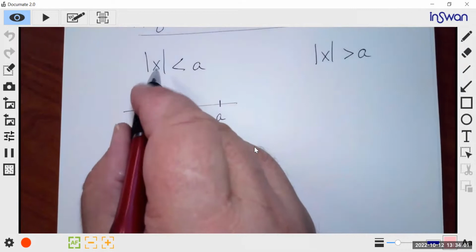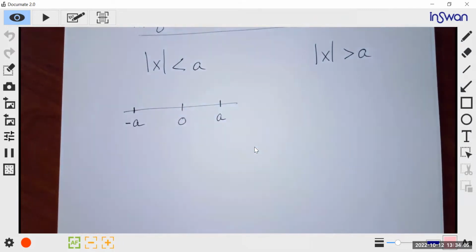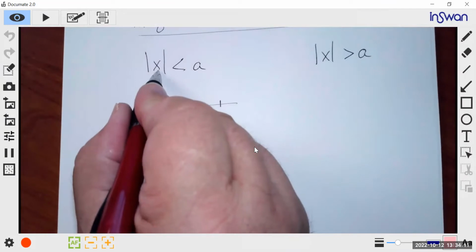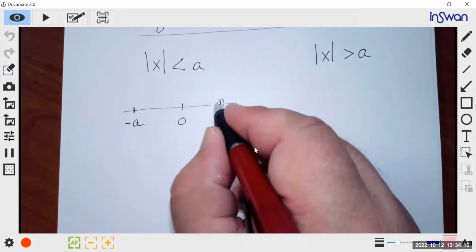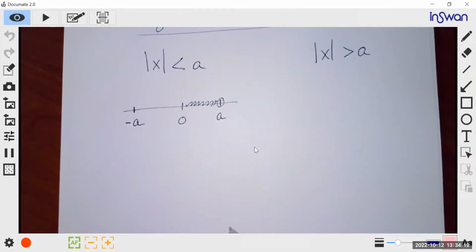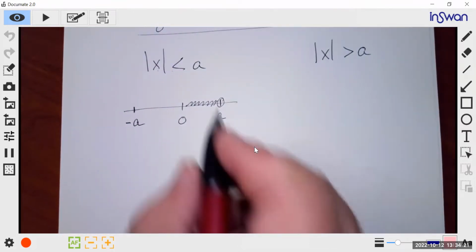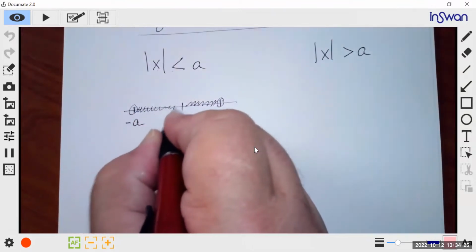So remember, when we drop the absolute value, we can have positive and negative a. You have to look at both sides. But since x is less than a, it goes from a to 0. In other words, it goes from the number to 0.